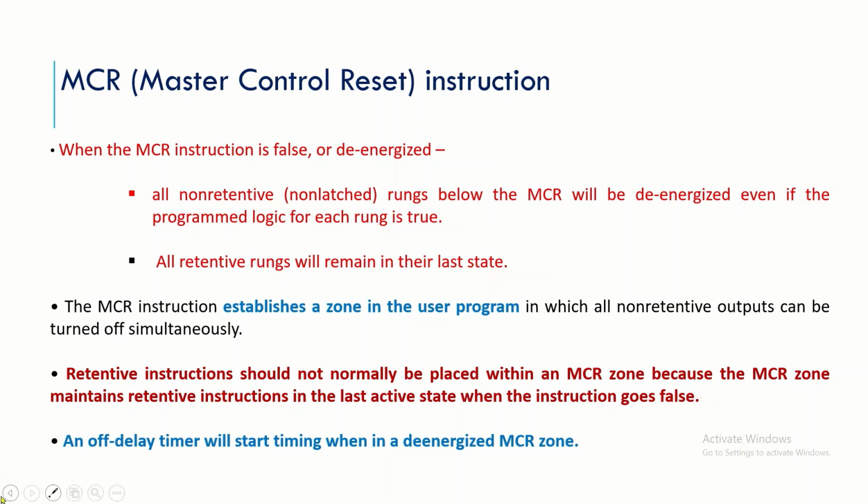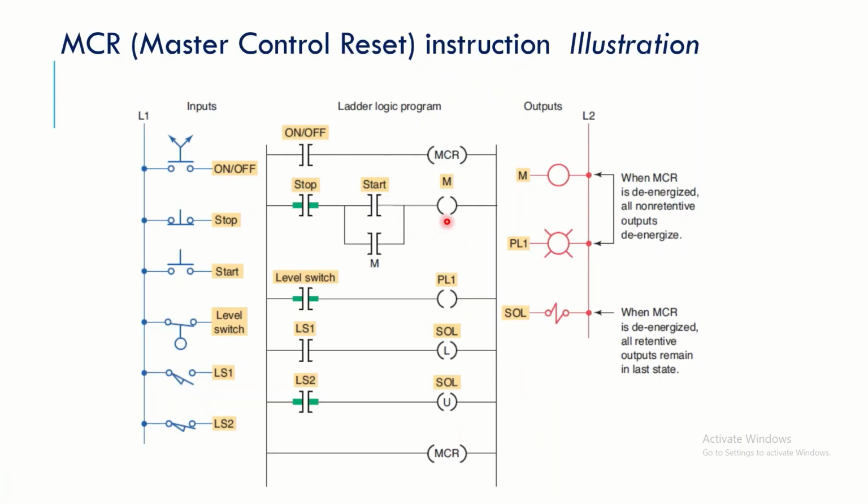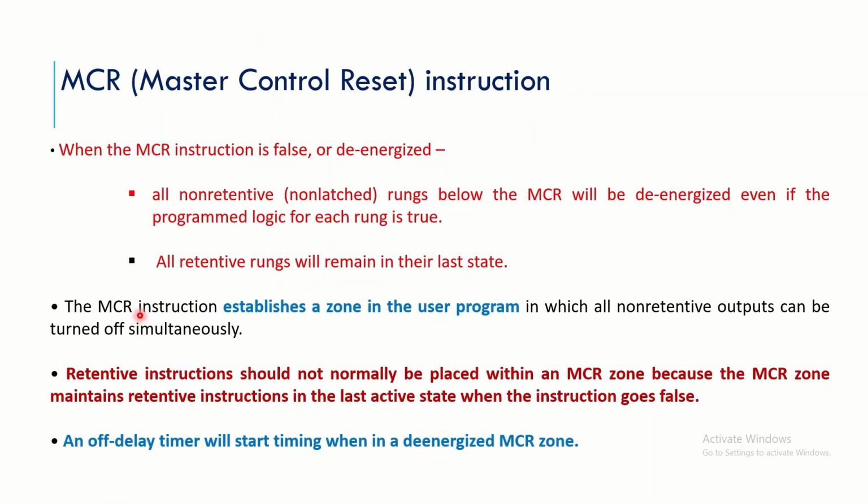If you want this and this output to be off, you would have to activate a level switch here. But simply using this MCR instruction, whatever non-retentive outputs are there can be de-energized at a time. Now you see that it is a common practice that retentive instructions are normally not placed within an MCR zone.